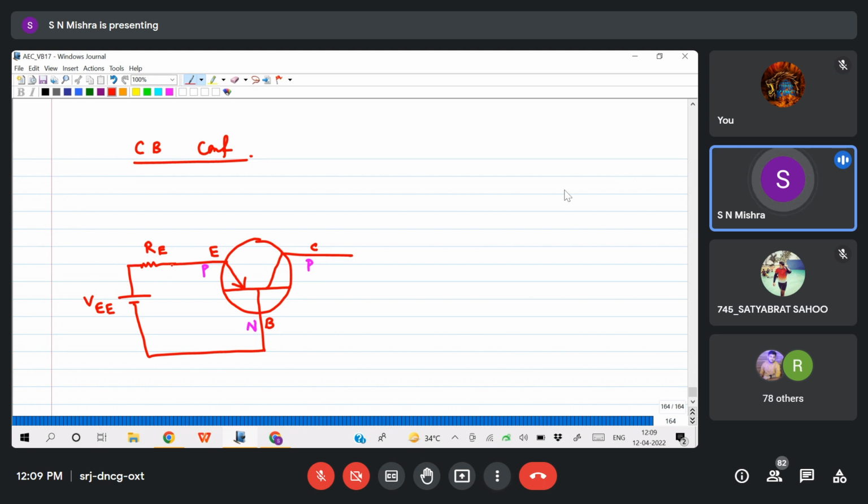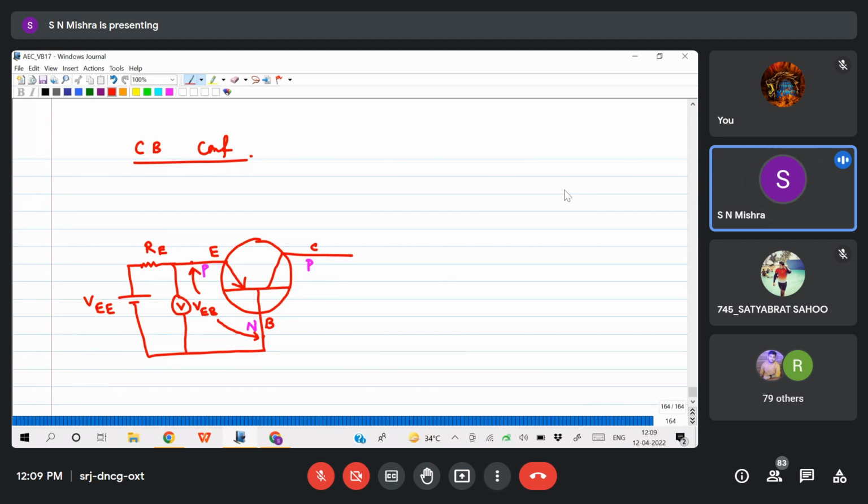To measure the potential between emitter and base, let us connect one voltmeter, and the name is VEB, which will be between this emitter and base.